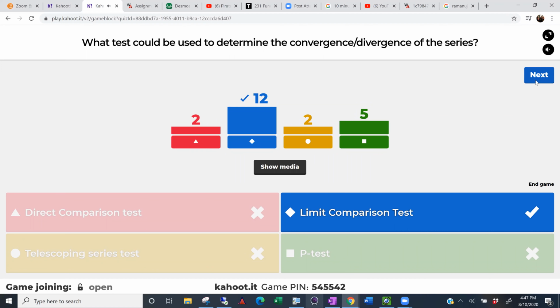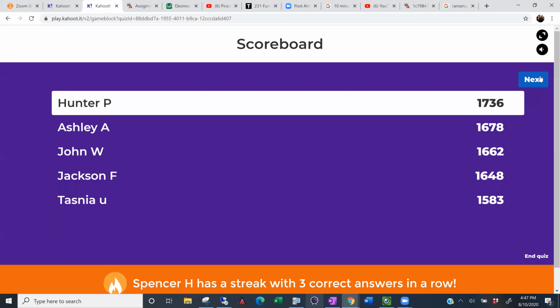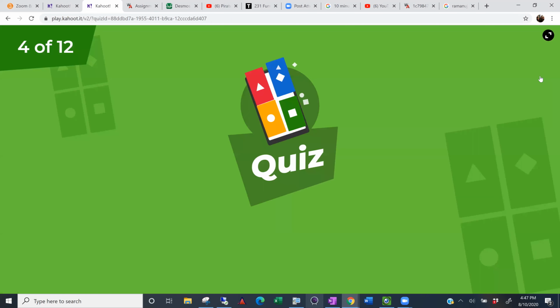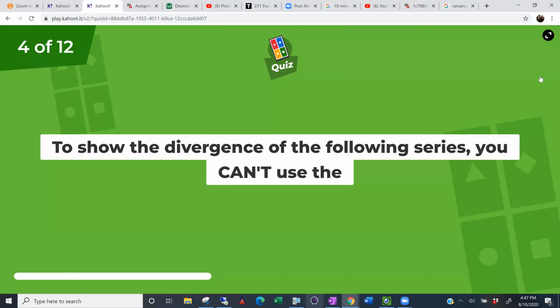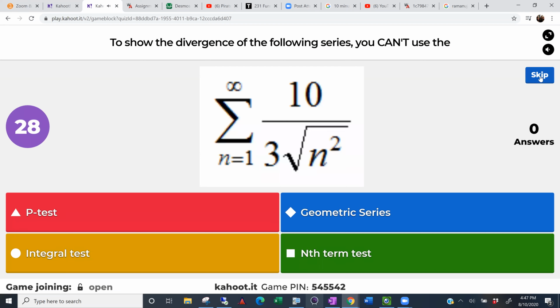Yeah, limit comparison test. All right, looking good. Let's see where our leaders are at. Uh-oh. All right, we'll change the leaderboard. John W. up top. Let's keep going. Which one can't you use?